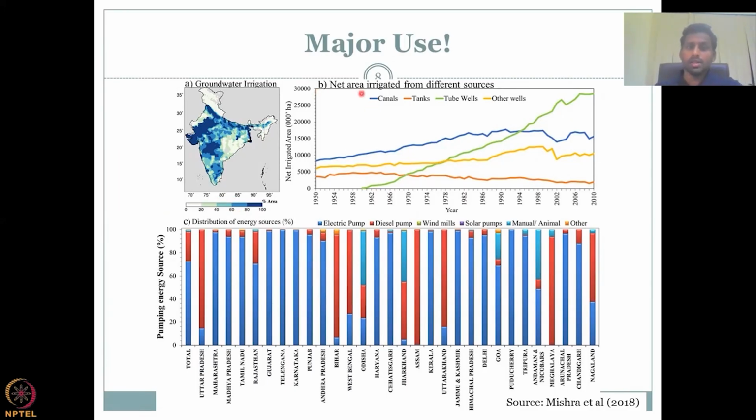Is this reflected in other means? Yes. Let's take the net area irrigated from different sources. You could see from 1950 to 2010, and the net area irrigated initially was with canals. A canal is a distribution system through a dam. So you would construct a big dam, a large irrigation dam along a river, and then water would be stored.